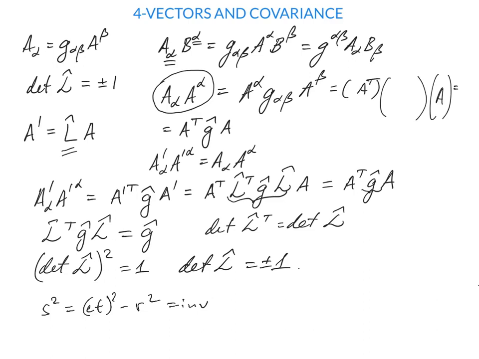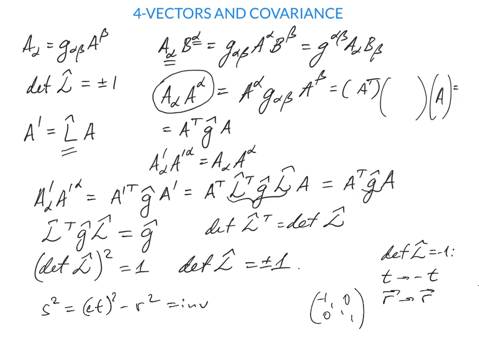Now, an example of a transformation with a negative determinant would be a transformation where the sign of time is reversed and nothing is done to the spatial coordinates. The determinant of such a transformation, because the matrix simply looks like minus 1, 1, 1, 1, 0, 0, the determinant is minus 1. But this transformation flips the arrow of time.